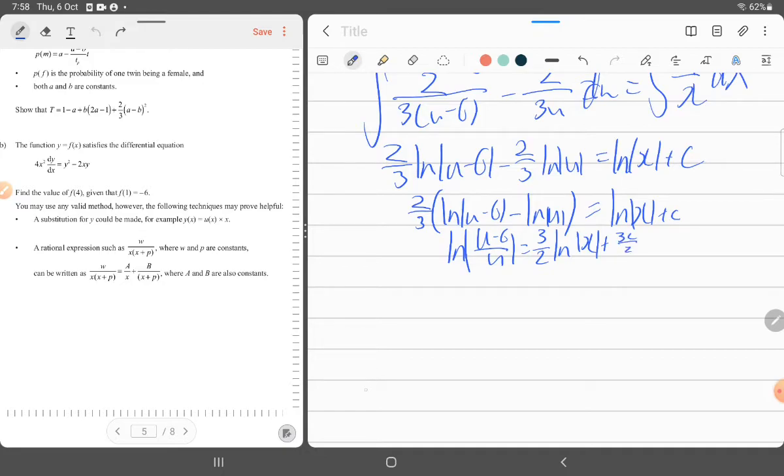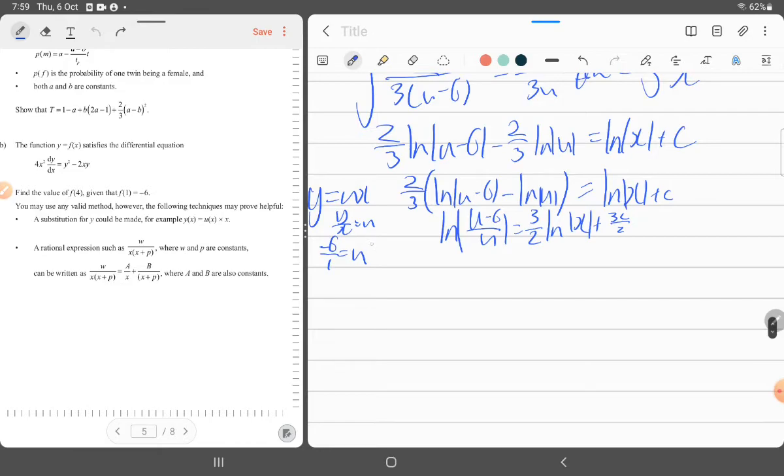Remember we made the substitution y equals ux, so y over x is equal to u. So if x is equal to 1 and y is negative 6, then u, in this case negative 6 over 1, is equal to u, which is negative 6.